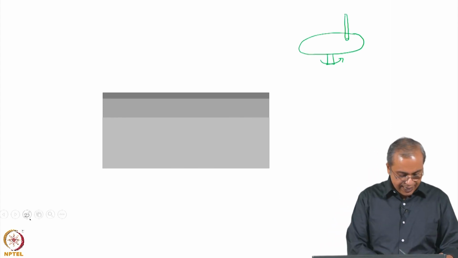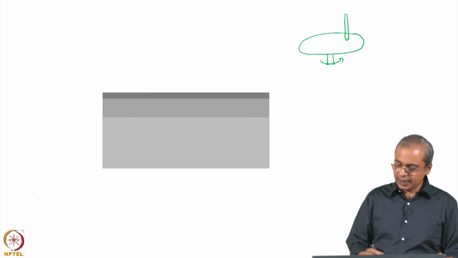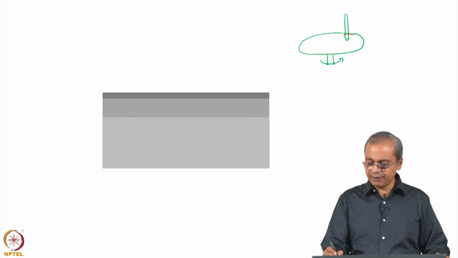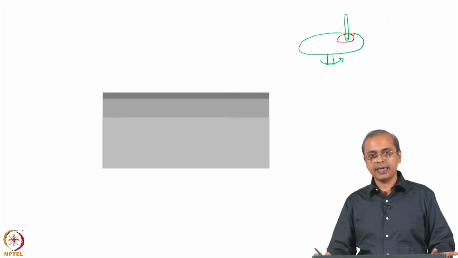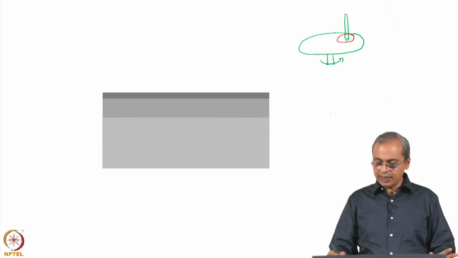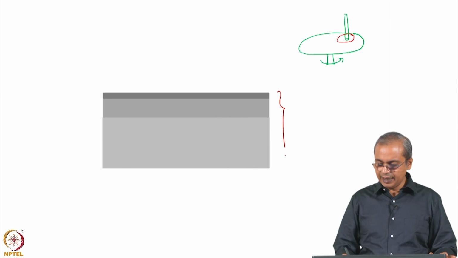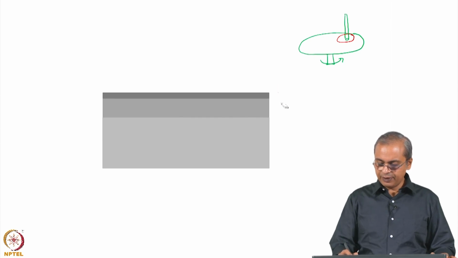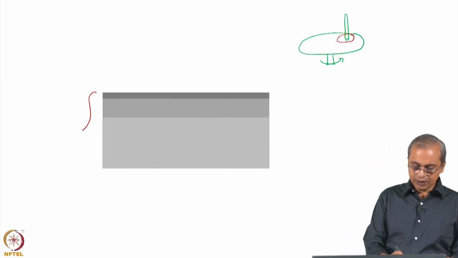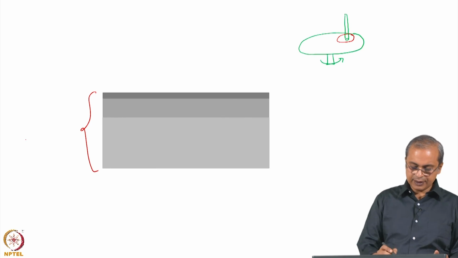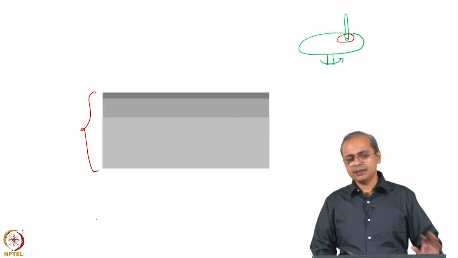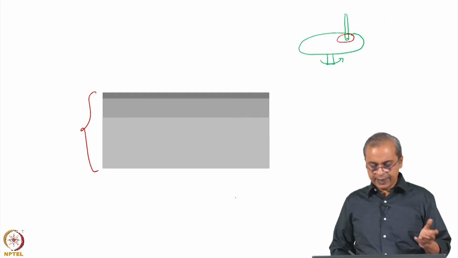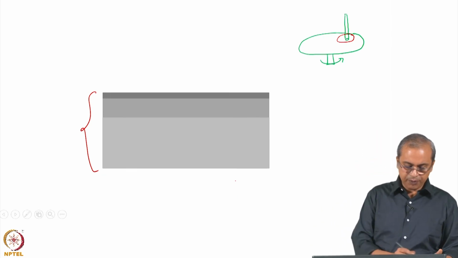So, the wear is actually occurring at this place, the pin is the sample and the wear is occurring at the tip of the pin, where the pin comes in contact with the disc. What I am showing you is the likely microstructure that you might have at the top of that pin. So, this set of 3 layers that I am showing you is a schematic of what you can expect at the top of the pin.